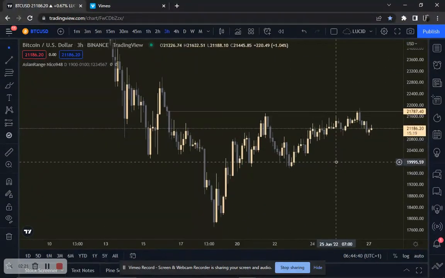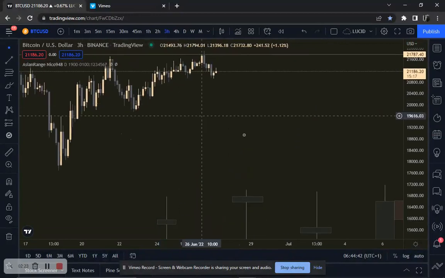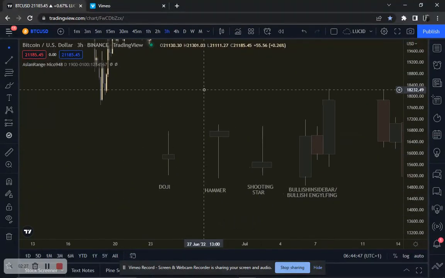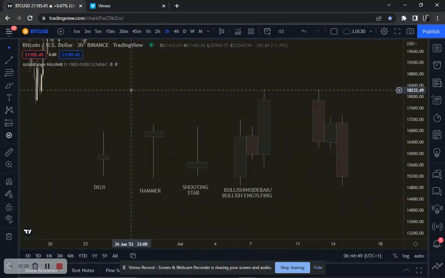So, if you are finding it difficult to understand what candlesticks are, or you haven't read about candlesticks, or you don't actually know what they mean, you can check the link in the description to our Telegram channel, and you can get the full PDF on what candlesticks are, the different types of candlesticks that we have, and whatnot.